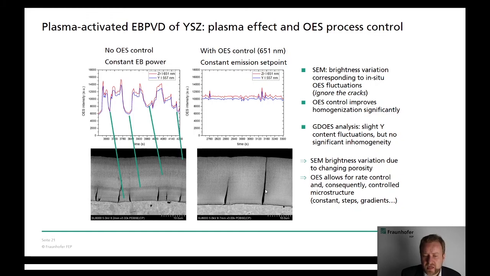Please ignore the cracks. In this project we did not improve the interface between the substrate and the coating. The main focus was on this control and OES control function.